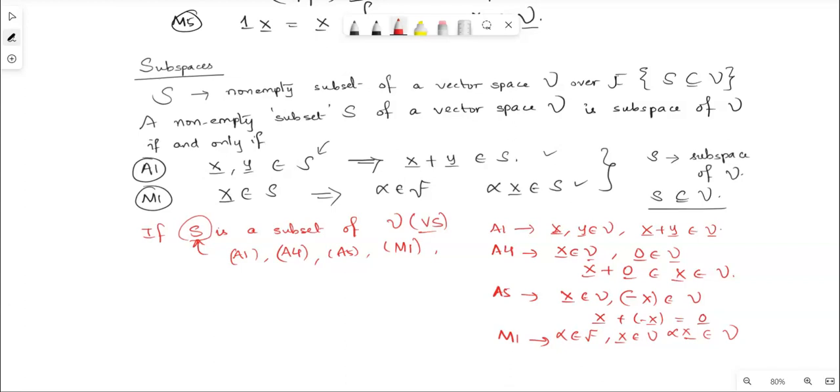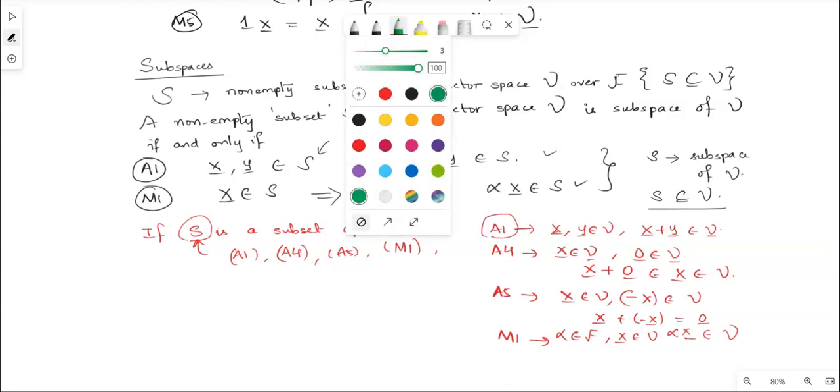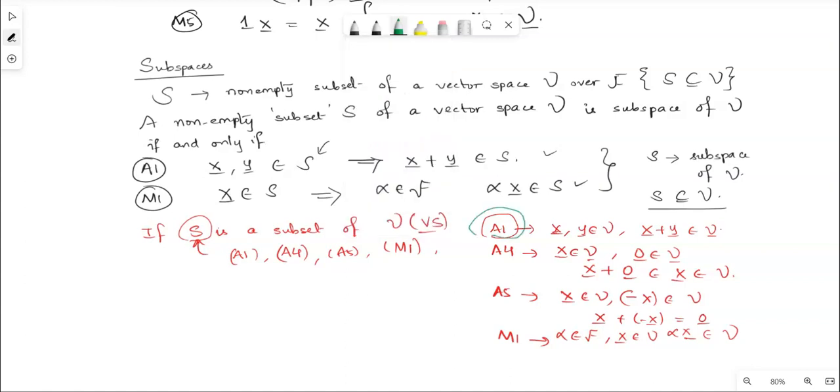Why we are saying this is because A1 together with M1 is nothing but A4 and A5.